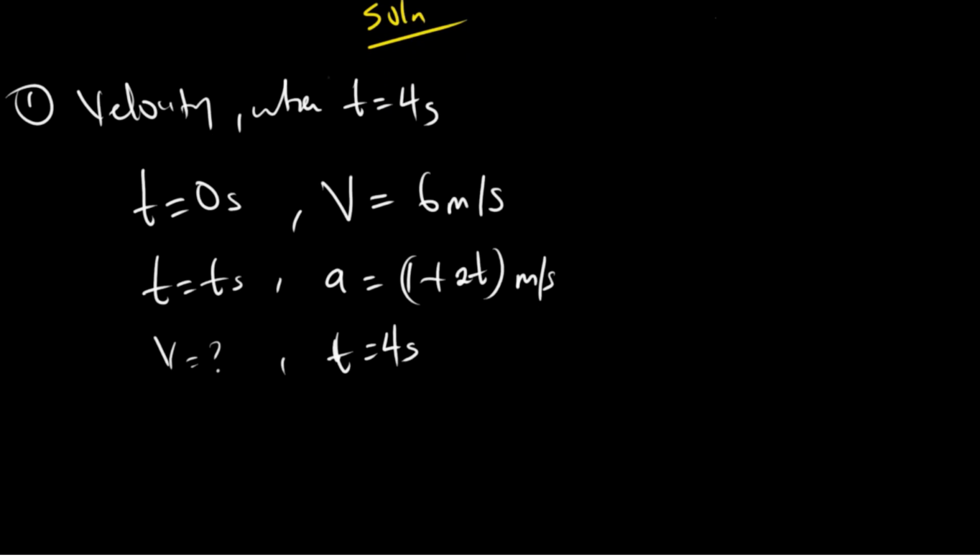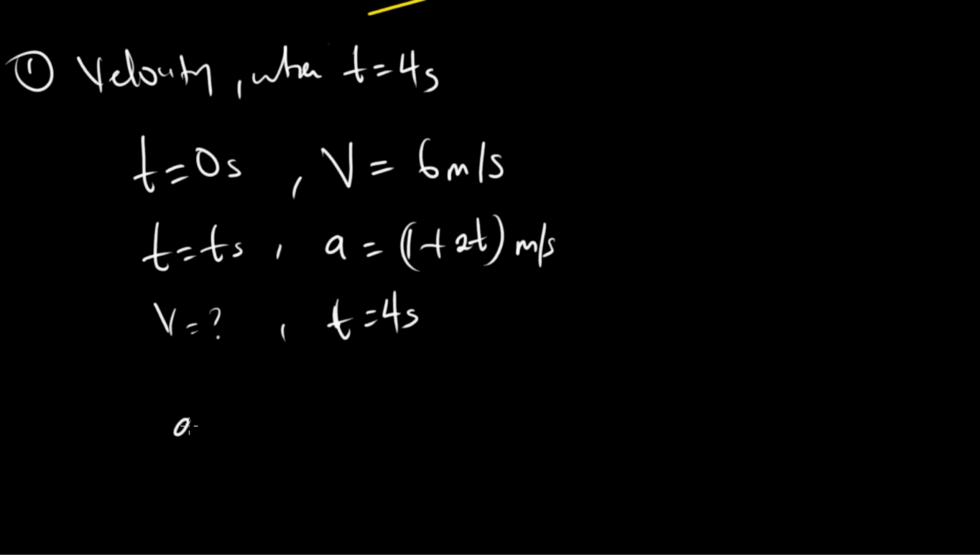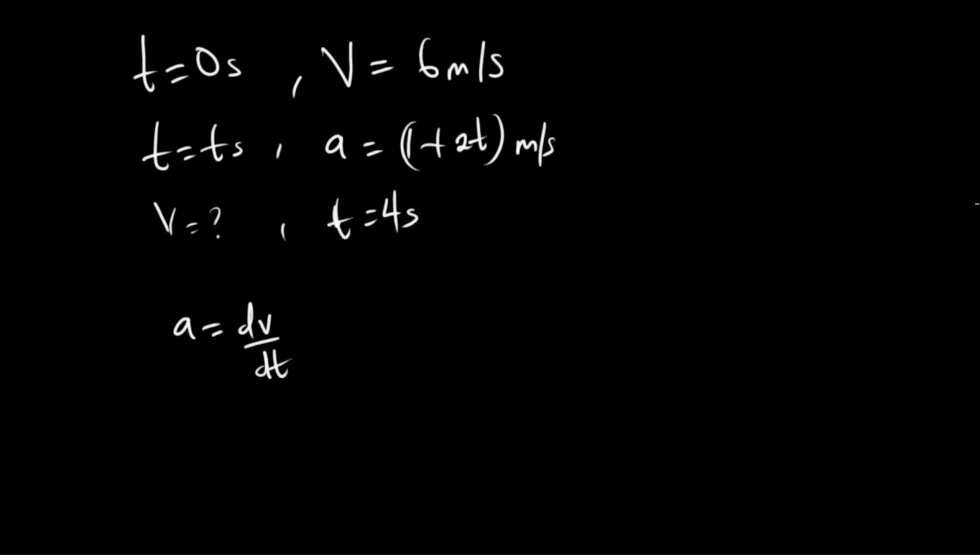From the illustration, we define that acceleration equal to change in v over change in t, which is change in velocity over change in time, and then we are going to have dv over dt equal to the acceleration, which according to this question is 1 plus 2t.